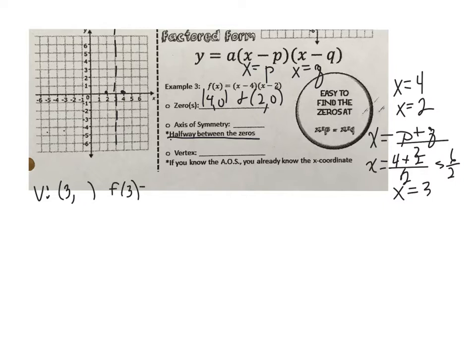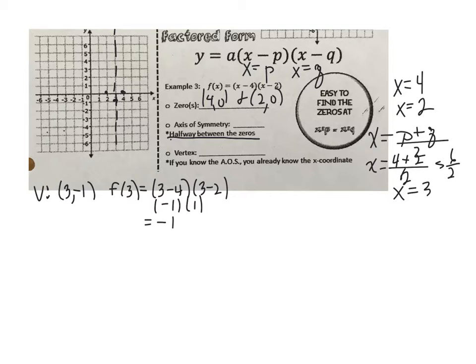So f of 3, that just means I'm plugging 3 in the place of x in the equation. I'm going to work it out. So (3 minus 4) times (3 minus 2). 3 minus 4 is negative 1, times 3 minus 2 is 1. So negative 1. When x is 3, f of x or y is negative 1. So my vertex is over 3 down 1.